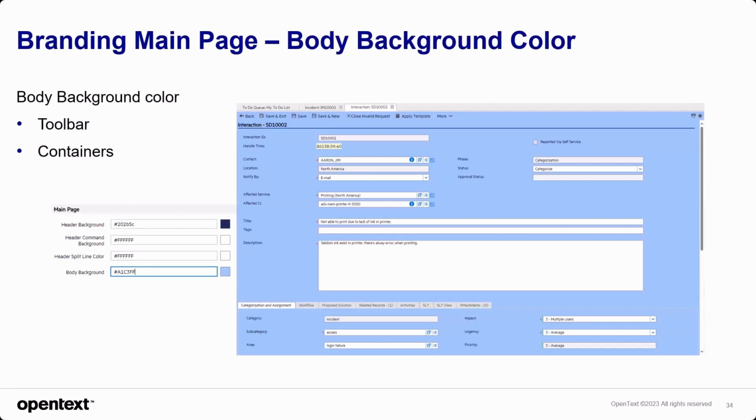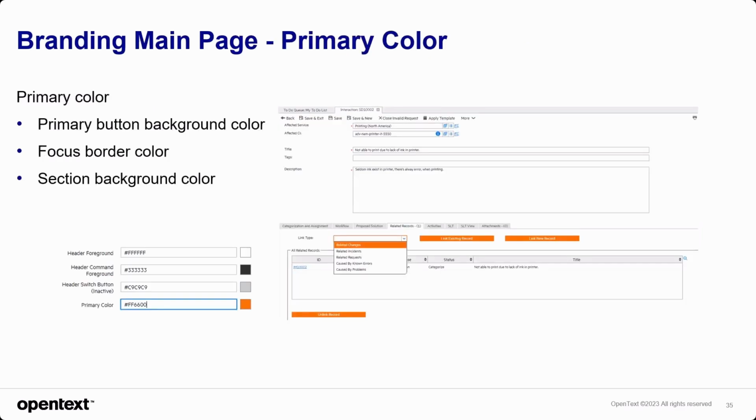As you can see in the current screen, we made the body background, including the toolbar and containers of this form, a light blue color, and the primary color is more about the button background, the focus border and the section background colors. You can customize or define those colors for the main page.